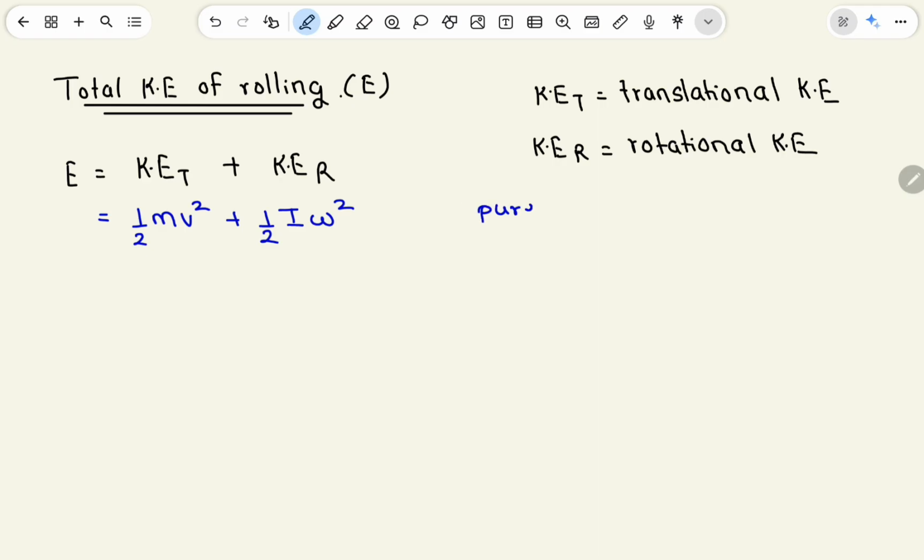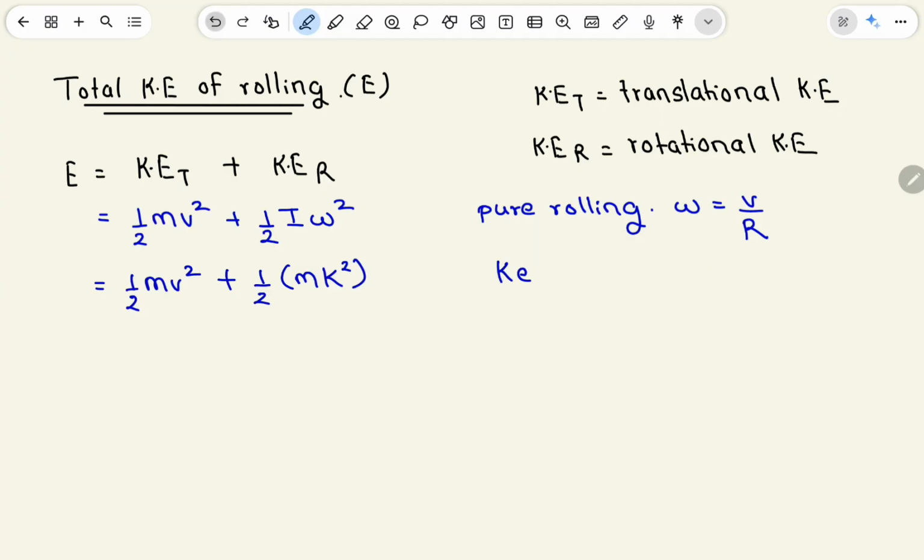But the case is of pure rolling, so in place of omega, we can write v by r. So the total kinetic energy for the rolling motion becomes half m v square plus half, and in place of moment of inertia, we can write m k square, where k is the radius of gyration.